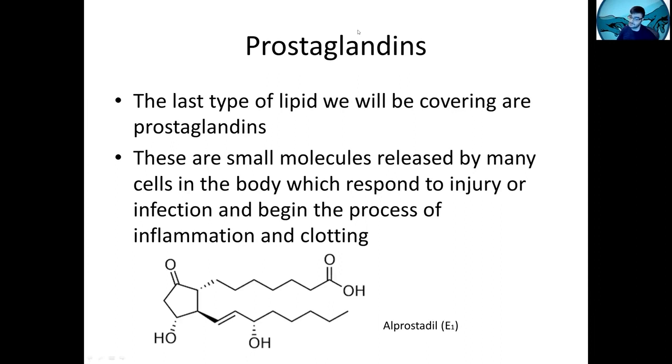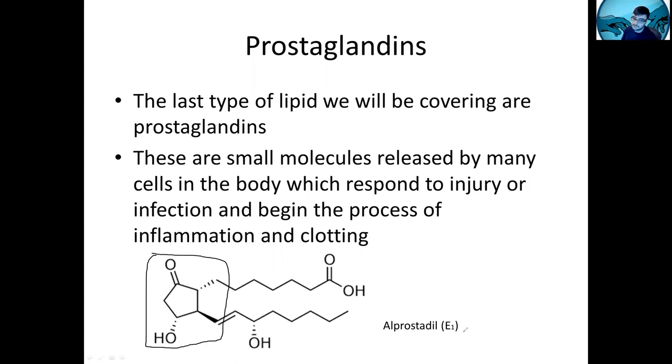Okay, again, for lipids, the main thing to look out for, and the main thing that will usually be different, is this part, the backbone. This is alprostadil, which is E1. I don't believe you have to know the inflammation process too in depth, but anti-inflammatories, like non-steroidal anti-inflammatory drugs such as Motrin, ibuprofen, whatever, usually target the production and the process of prostaglandins.